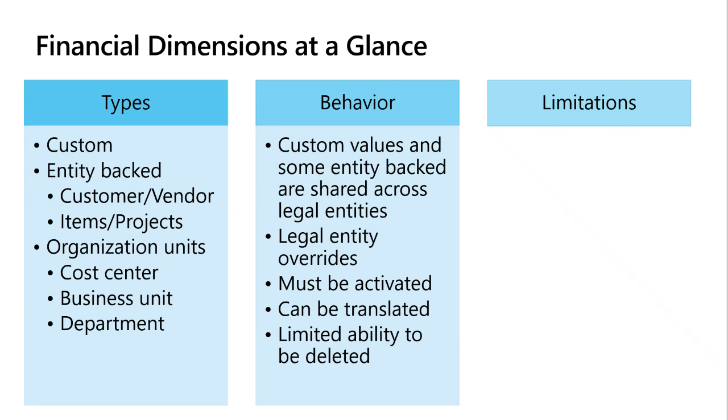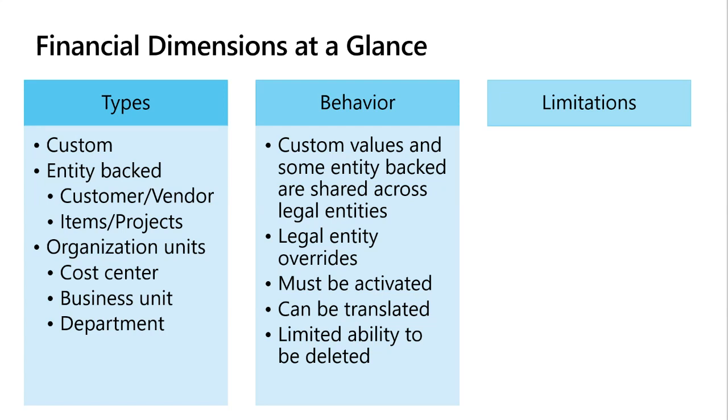When a dimension has legal entity specific values, you can create legal entity overrides to control the behavior of a dimension value in each legal entity. One thing to remember is that dimension values that are from different legal entities are distinct, or not exactly the same, even if they look the same.